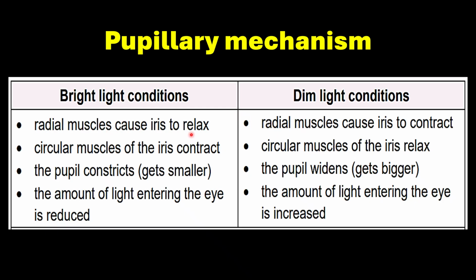But whereas these radial muscles relax, here they contract. But that's not how you compare it. You compare radial muscles with circular muscles. Both of them are muscles. When one relaxes, the other one will contract. So if you compare, you can tell the structures involved in the pupillary mechanism, there are only three: radial muscles, circular muscles, and the pupil. And that is how you get it done.